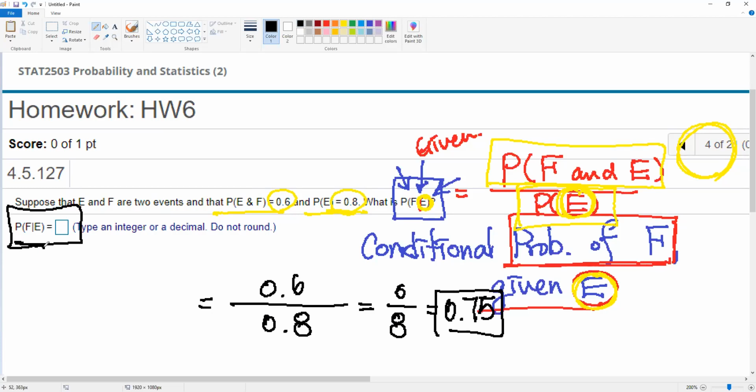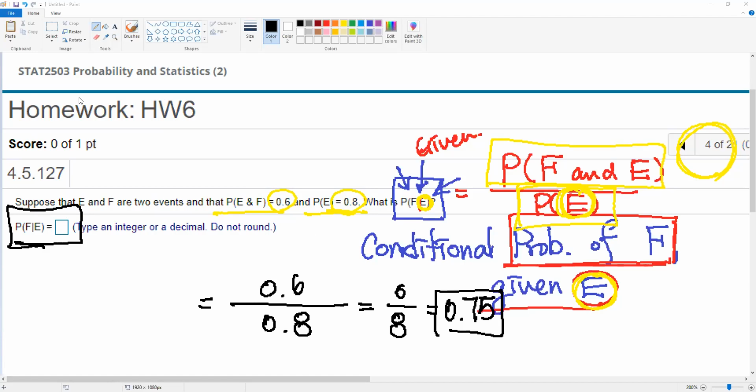So 0.75 will be the conditional probability, with the given joint probability and given marginal probability. So with the joint and the marginal probability, we can take the conditional probability.